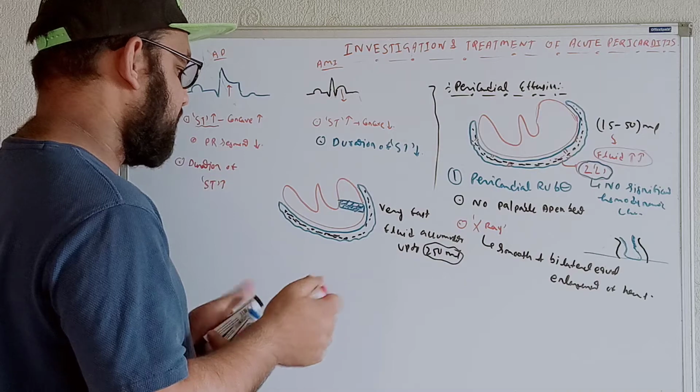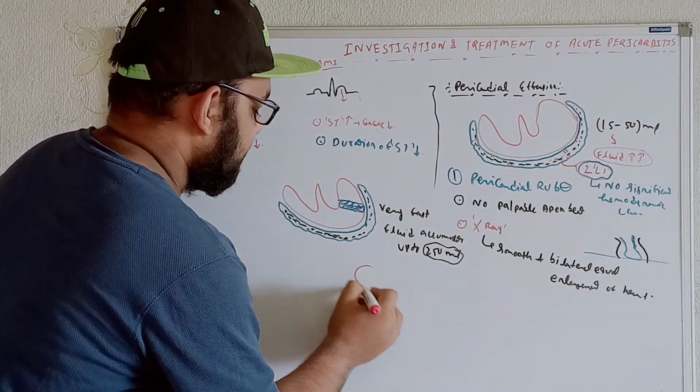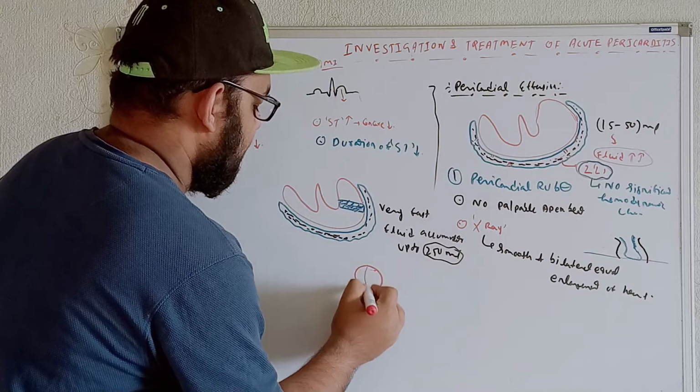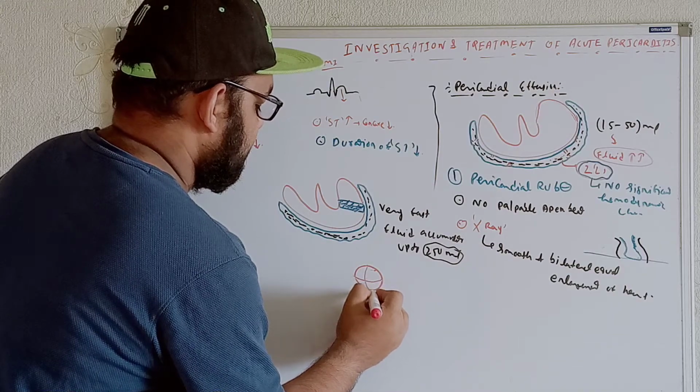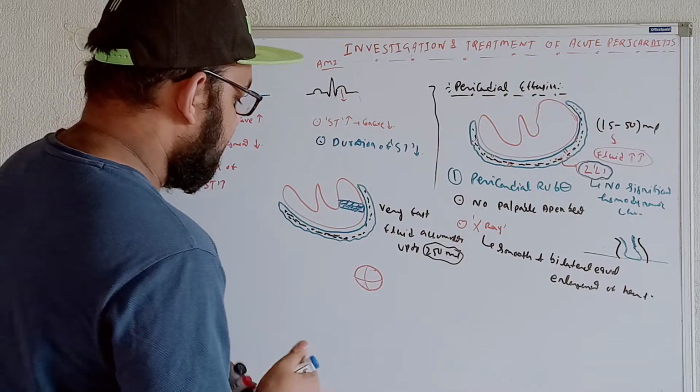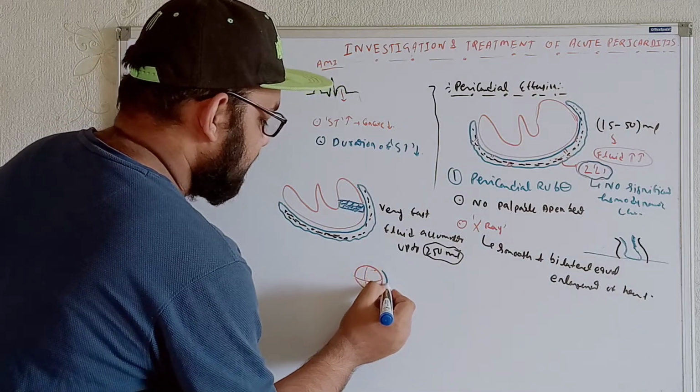For example, I am just considering this the heart, and try to understand from this figure that from all sides the pericardium will compress the heart.